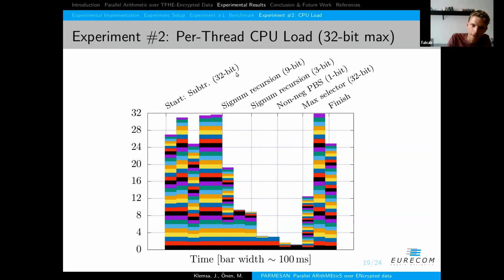Here we can see the start of each operation with vertical bars, and we can see that the processor load of each of the 32 cores is at the maximum. Then after subtraction, there's the signum recursion, which takes 9 bits, so we can clearly see 9 bits of processor load. Then another step of the recursion on 3 bits, and then the final lookup table evaluation of 1 bit. So there's just 1, and in the final step there's a selector that again runs in parallel for each of the 32 bits.